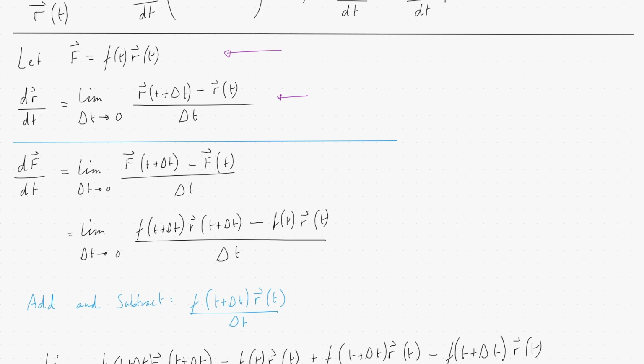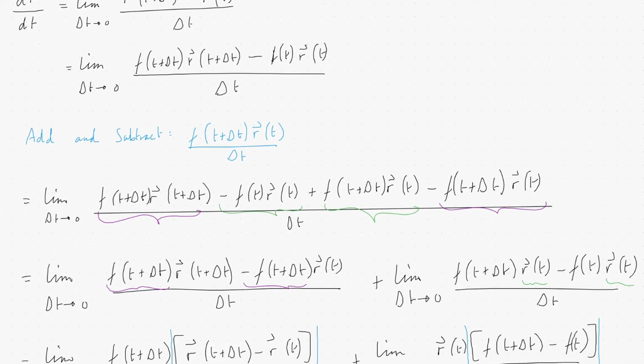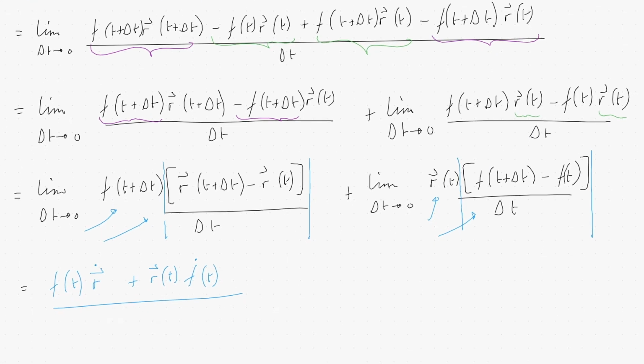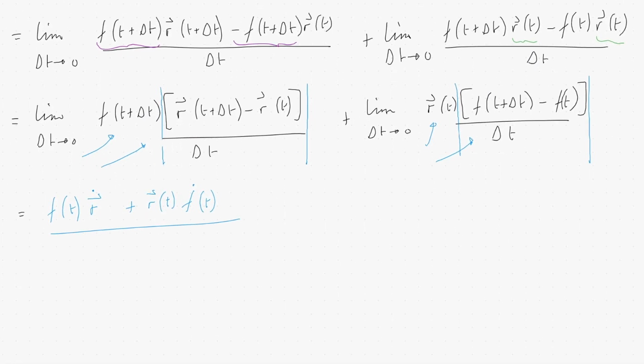And from this, we went all the way down, adding and subtracting 0 of this f of t plus delta t times r of t over delta t. And with clever rearranging, we come to see that the product rule gives us the scalar function times the time derivative of r plus r times the time derivative of the scalar function.